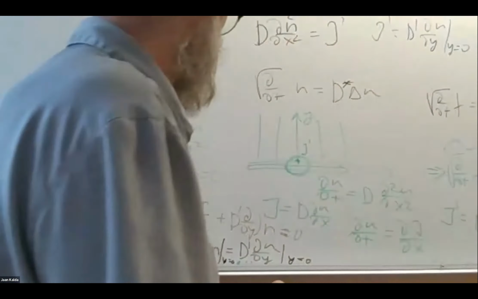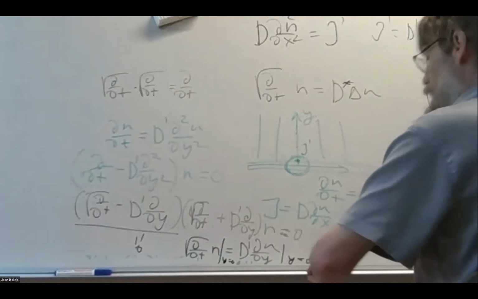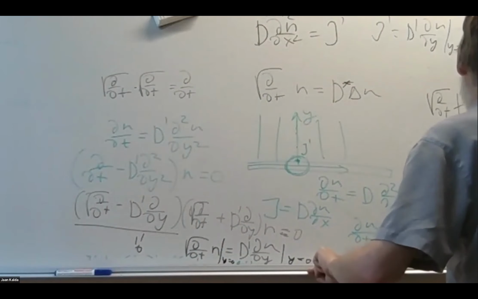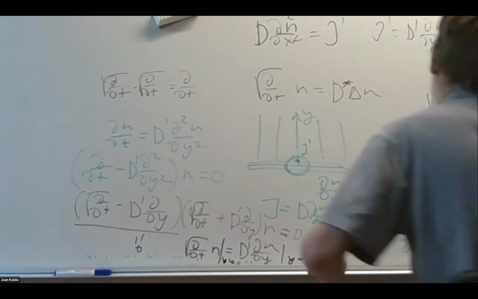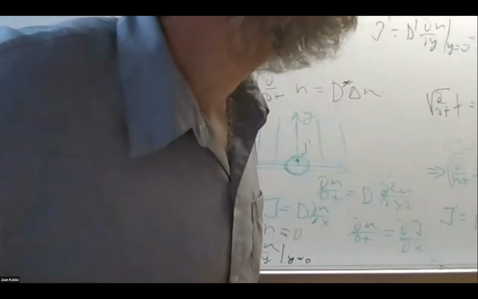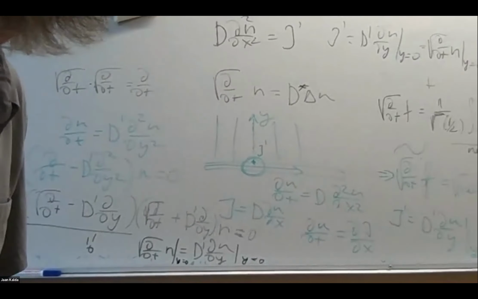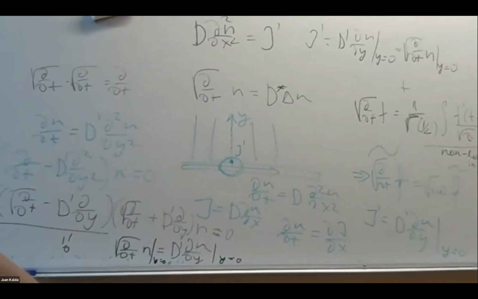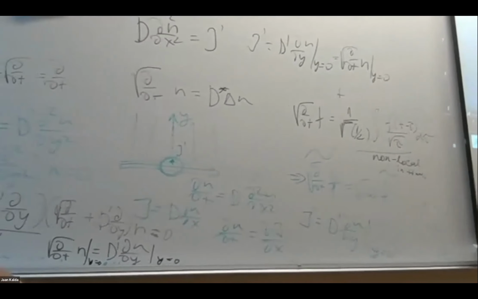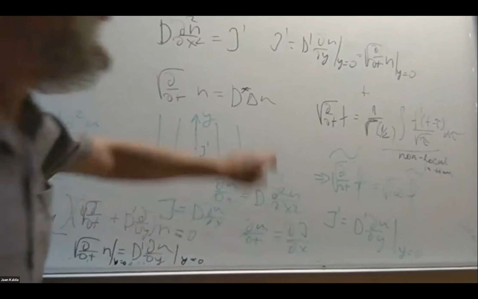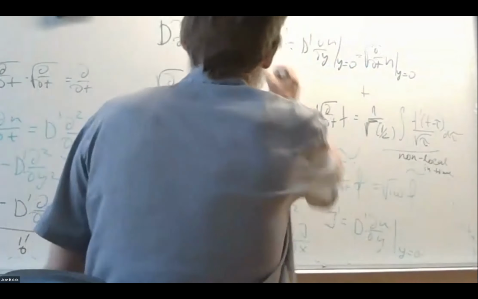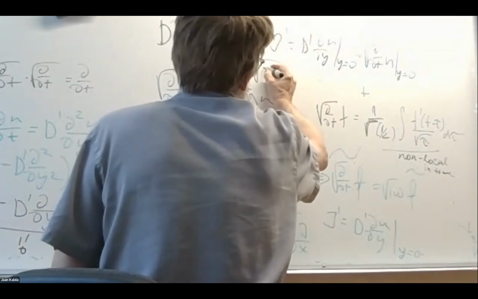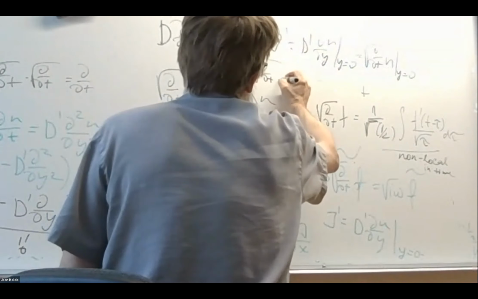But because of this result over here, this equals the square root of d over dt of n at y equals 0. Now I plug this in here, and this guy now becomes the square root of d over dt of n. And that's the equation we have.